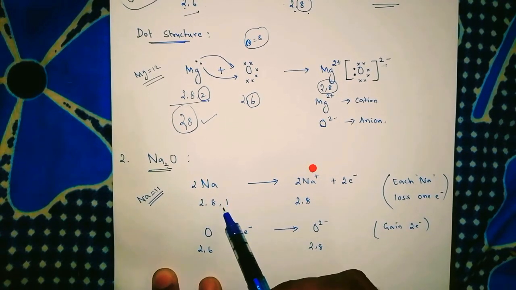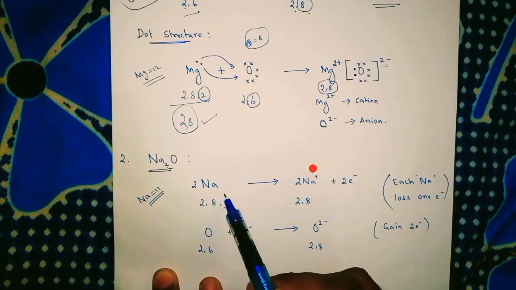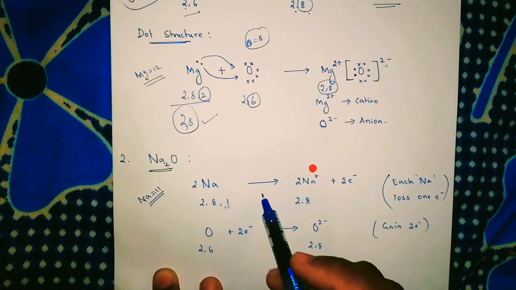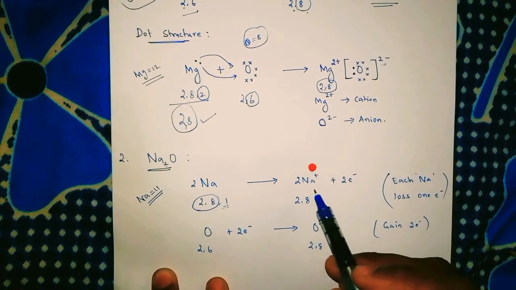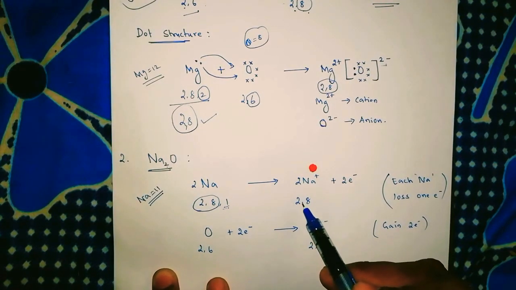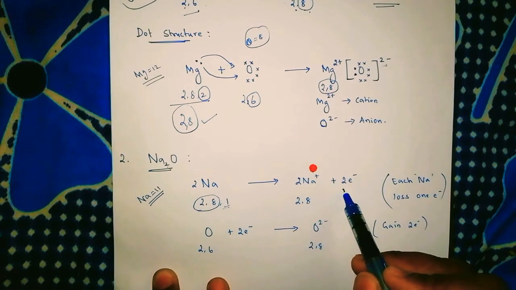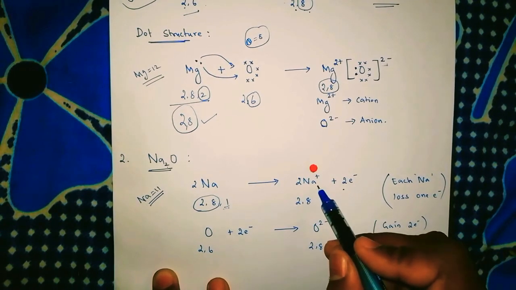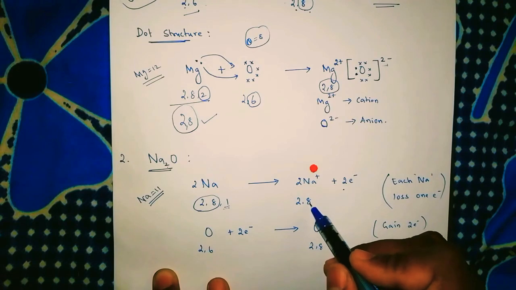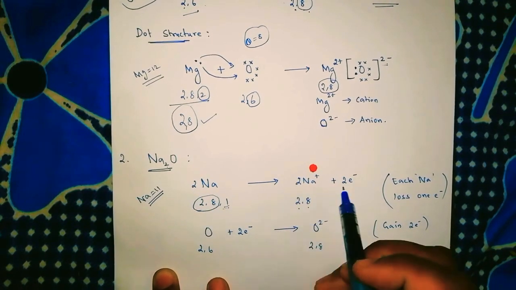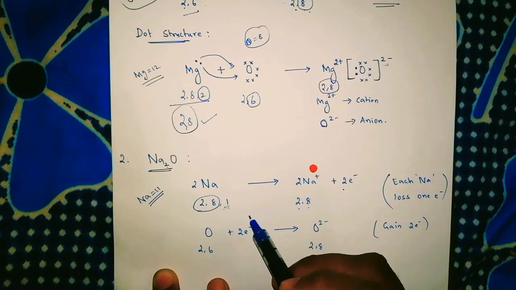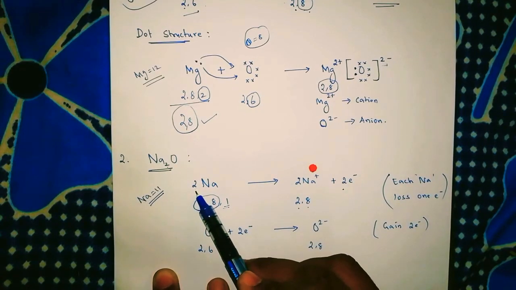That means sodium has to give this 1 electron, then only it attains the octet configuration. So what happens? Sodium, after giving that 1 electron, becomes 2, 8. And why have I put 2 here? It means we have 2 sodium.